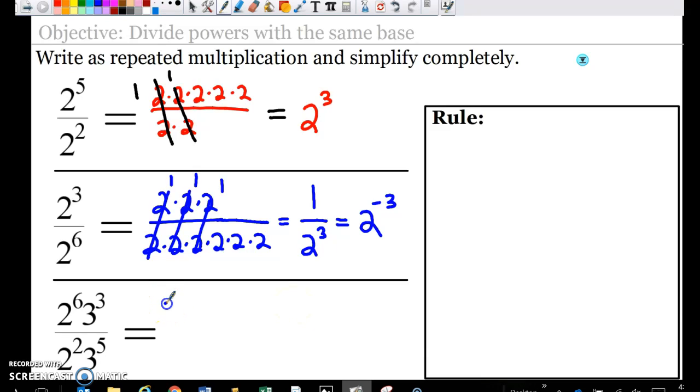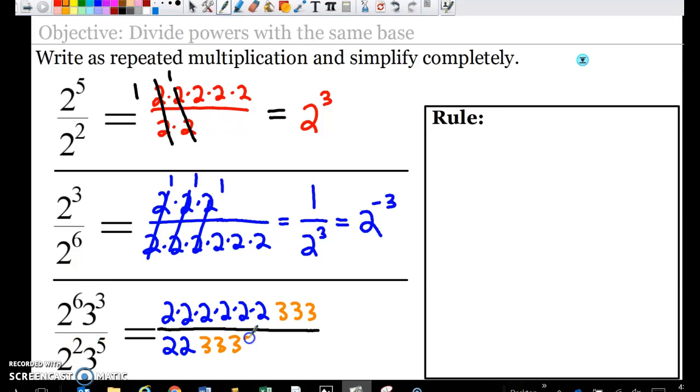All right, the last one, I have 6 2's, 1, 2, 3, 4, 5, 6. And I have 3 3's, 1, 2, 3. I have 2 2's on the bottom. Forgot to write the division bar, or the fraction bar. And I have 5 3's on the bottom. So 3 of the 3's will divide out to make 1.